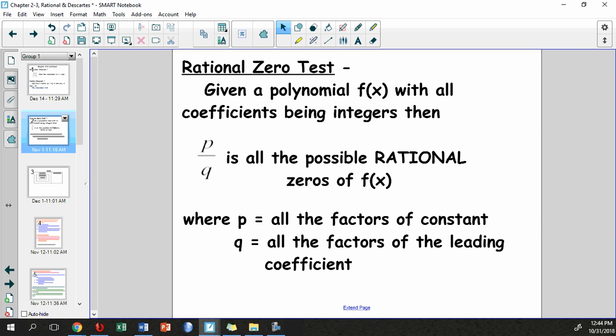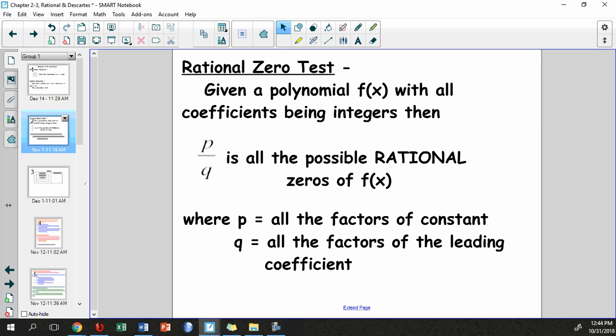The next thing that we need to learn today is what we call the rational zeros test. The rational zeros test is basically, I give you this polynomial, and I want you to come up with a list of all the possible rational zeros that it can take on.